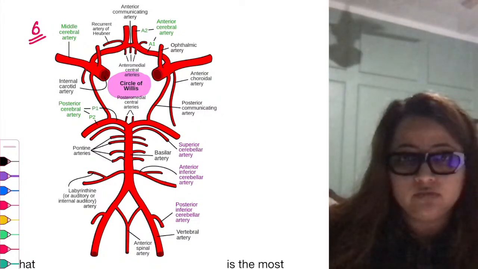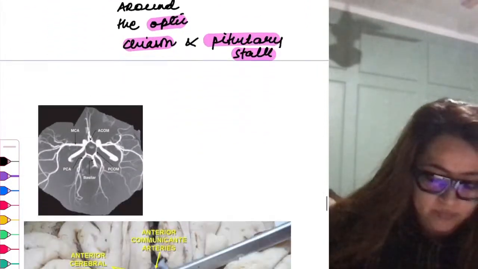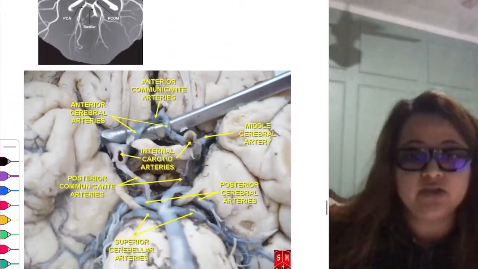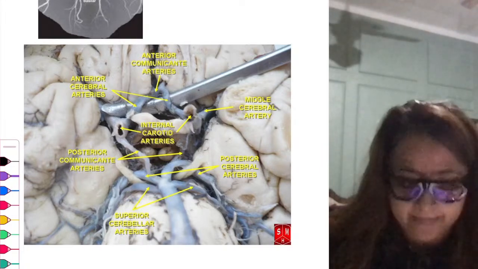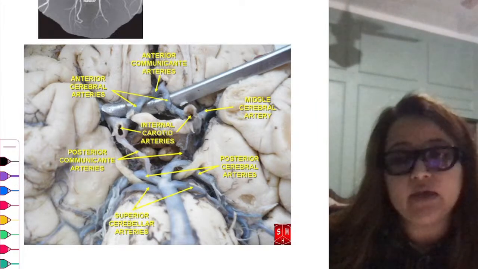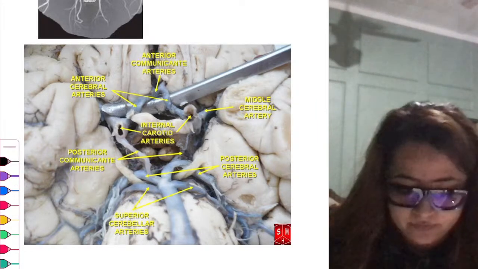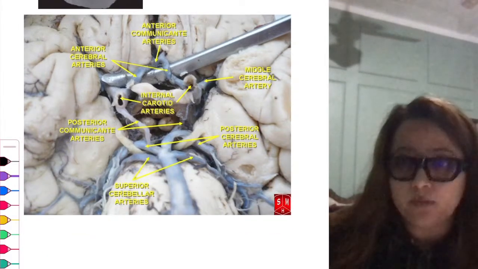Now talking about the clinically relevant point here. This is another picture that shows you the circle of Willis, and there are different branches here. The clinically important point is that there is an aneurysm known as a berry aneurysm. You might know about it, and it occurs very commonly.